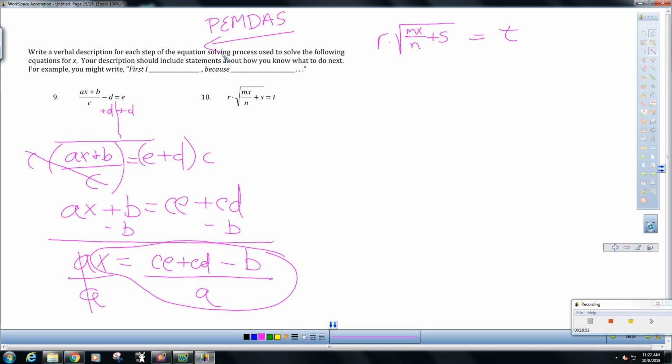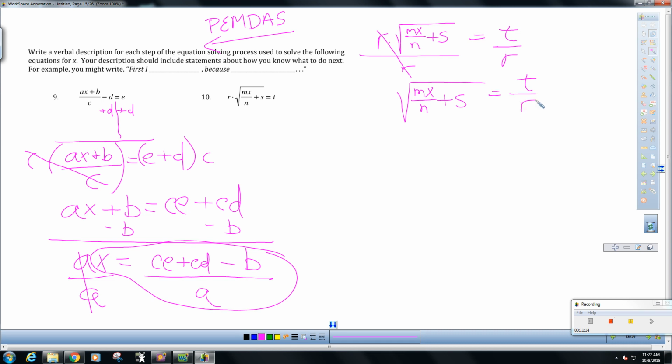So I'm going to get rid of the multiplication before I get rid of the square root. So I'm going to divide both sides by r. And you get square root of mx over n plus s is t over r.